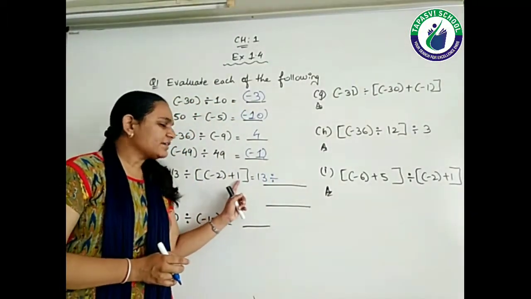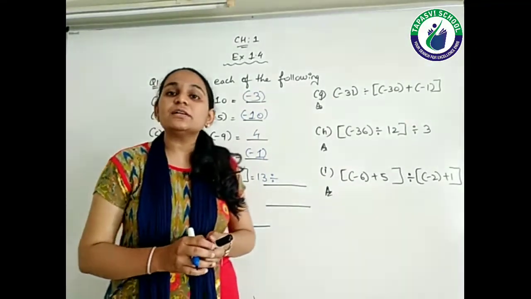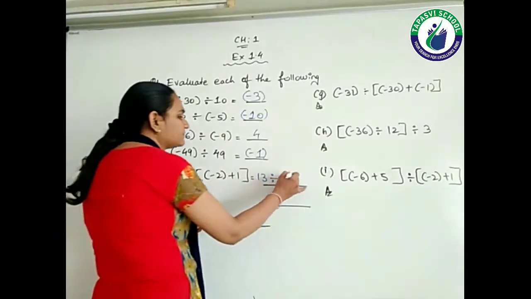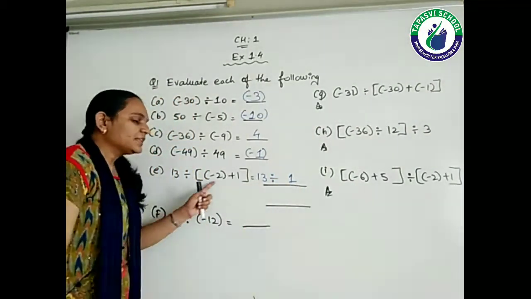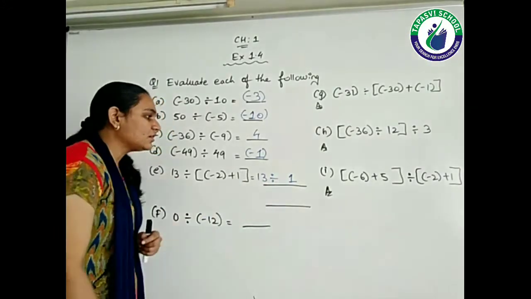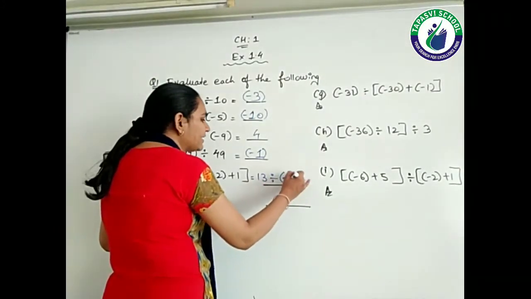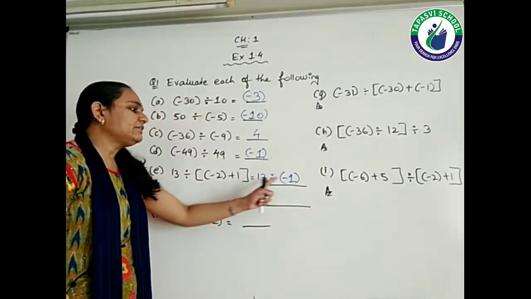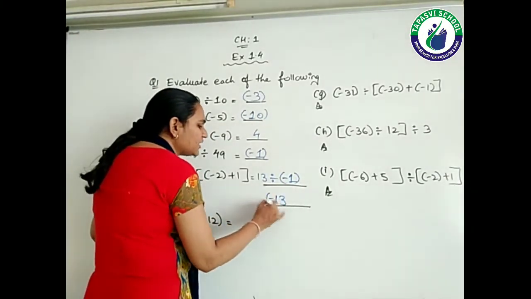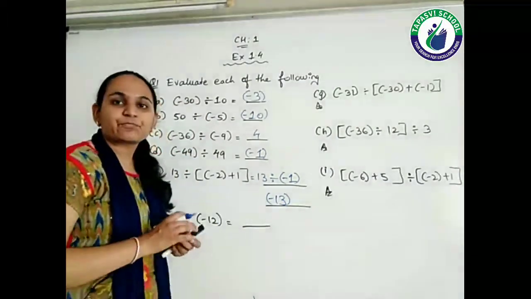One number is negative, another is positive, so I will subtract them. So 2 minus 1 is 1. Now what about the sign? The number which is greater gives its sign to the answer, so 1 will become negative. Now 13 divided by 1 is 13 only. One number is negative, so here also the negative sign will be there, right?